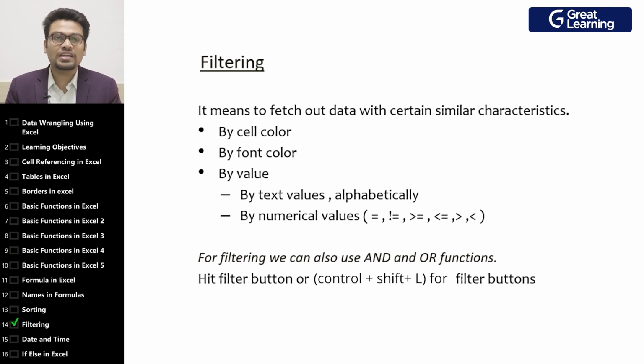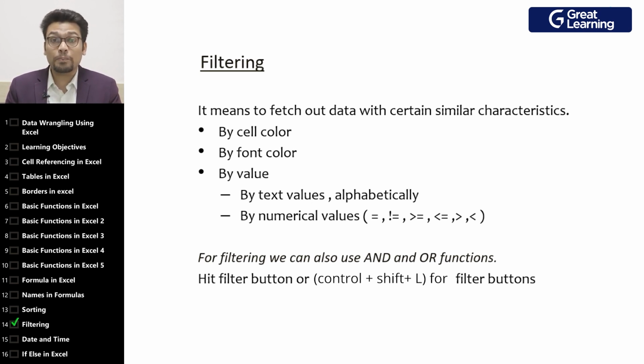That is filtering by value on the basis of text. You can do comparisons on the basis of numerical value as well. The example we have seen for number of years of experience greater than 10 is an example of numerical value filtering.